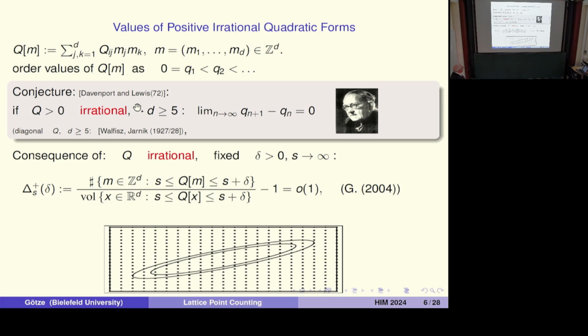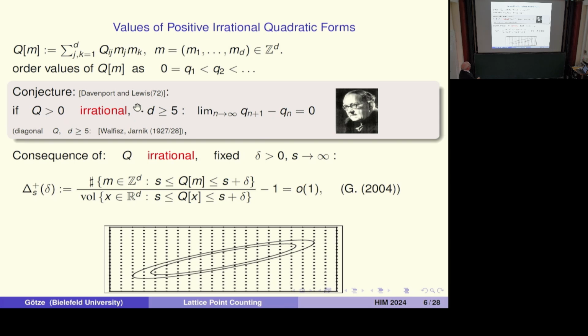It's of order 1 over r, 1 over square root of s. And you compare the number of those lattice points with the volume of this shell, and subtract 1. And then you can see that this goes to 0 as the squared radius goes to infinity. And out of this it is very easy to see that this property will follow. This is something I was able to prove after a long while for dimension 5 and larger.